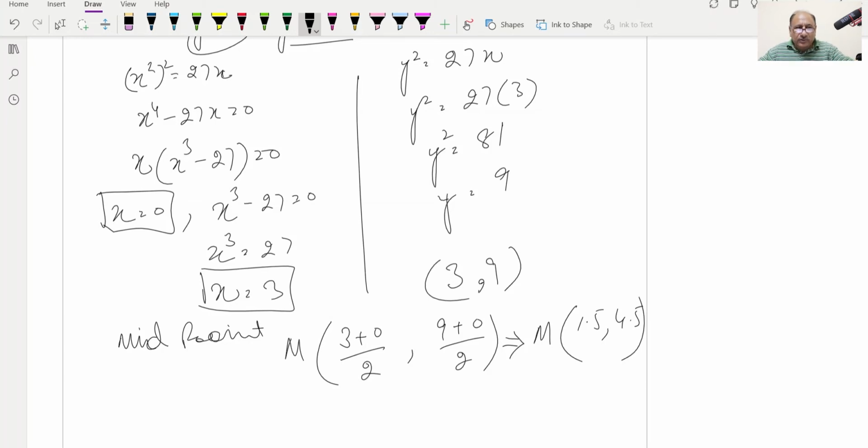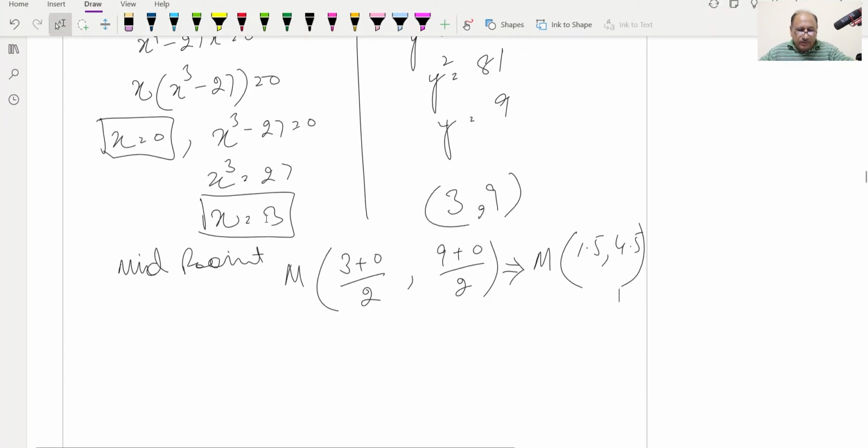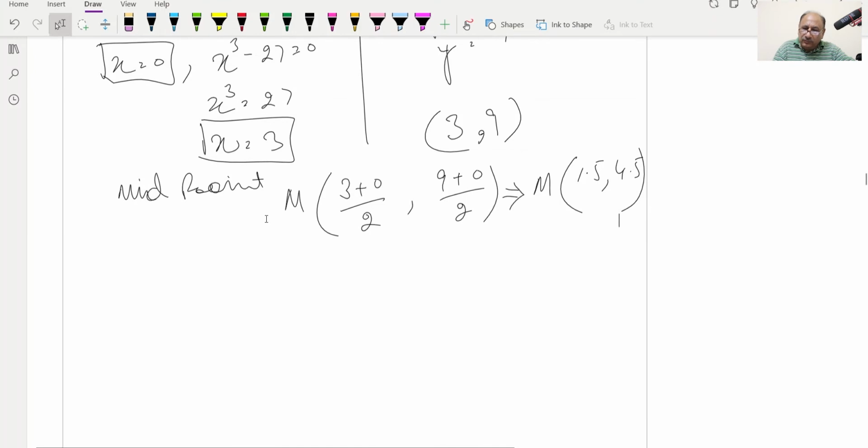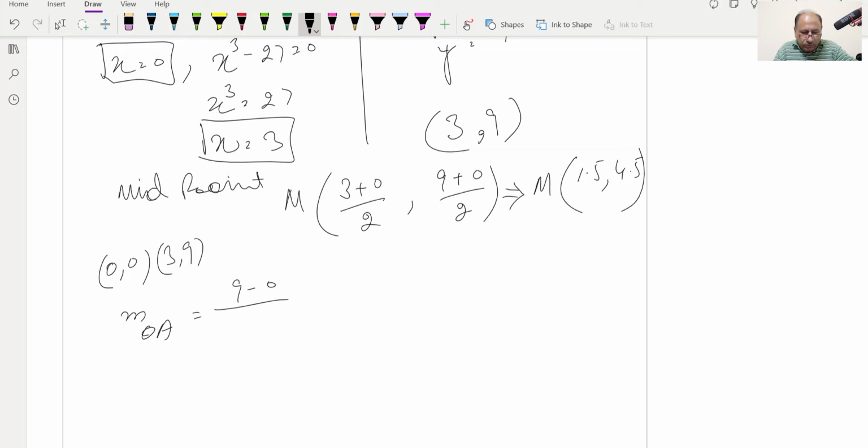So these will be the 2 coordinates of the midpoint. Now we can also find the gradient of 0 0 and 3 9. So M of OA will be y2 minus y1 over x2 minus x1.